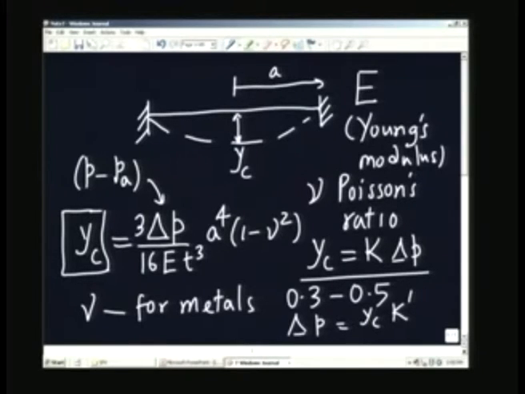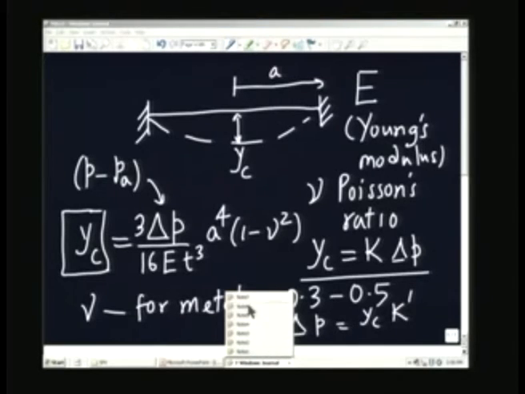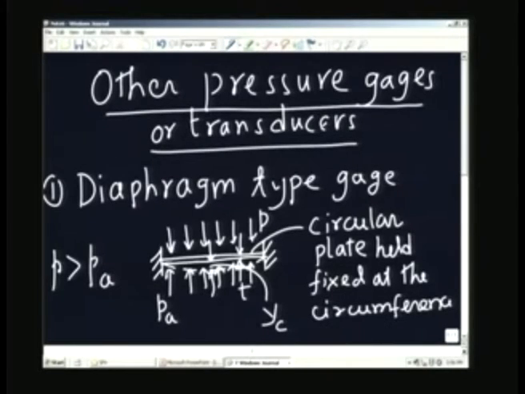Therefore, if you have a diaphragm as indicated here, and a method of measuring the displacement at the center, of course, you can measure the displacement at some other location also. At the center it will be maximum, and therefore it will be easier to measure the maximum than at some other location away from the maximum.